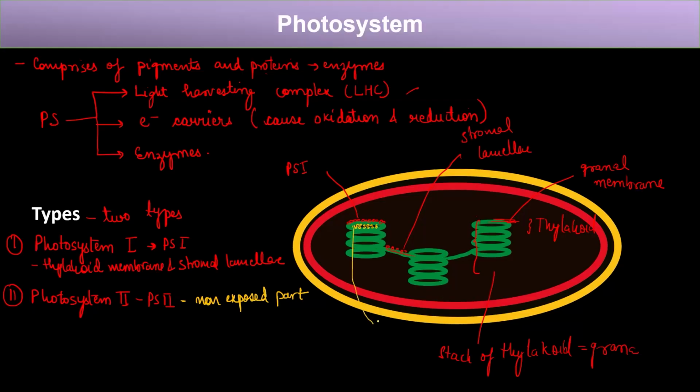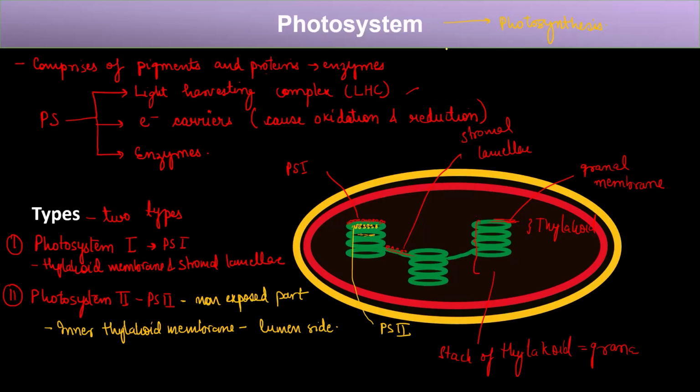So this is your PS2. PS2 is located on the inner thylakoid membrane, on the lumen side, because this region is known as the lumen. So we have seen where photosystem 1 and photosystem 2 are present, and these are mainly responsible for photosynthesis.